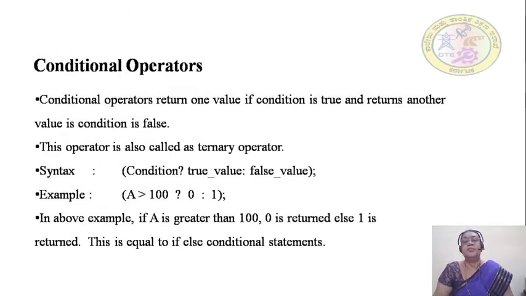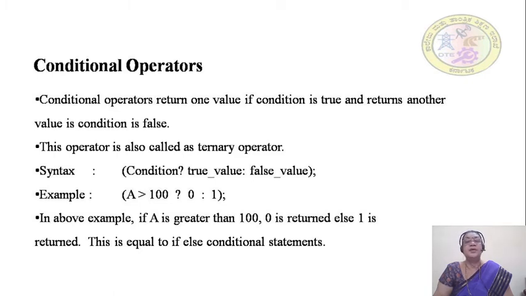Next type of operators in C language is the conditional operators. Conditional operators will return one value if the condition is true and another value if the condition is false. This operator is also called the ternary operator. Syntax: condition ? true value : false value.